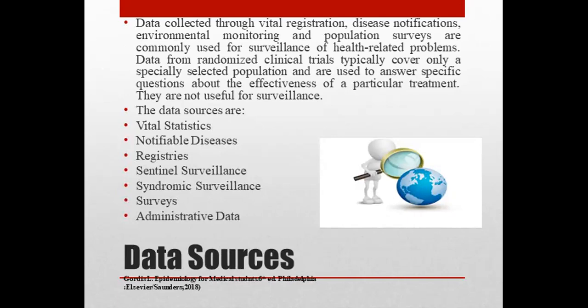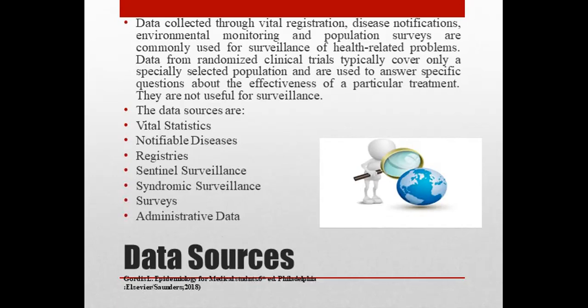Actually, the data collected through vital registration, disease notification, environmental monitoring, and population surveys are commonly used for surveillance of health related problems. Data from randomized controlled trials typically cover only a specific or selected population and are used to answer specific questions about the effectiveness of a particular treatment. Therefore, they are not useful for surveillance.